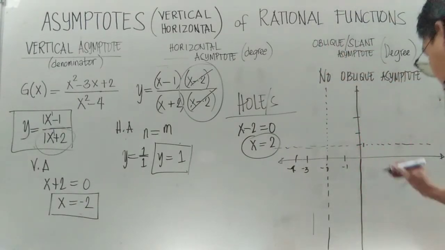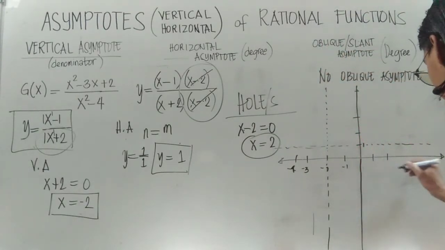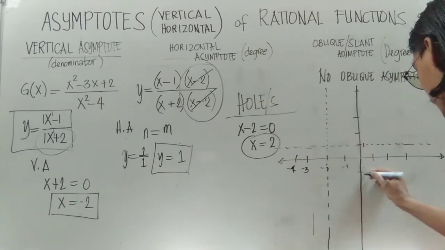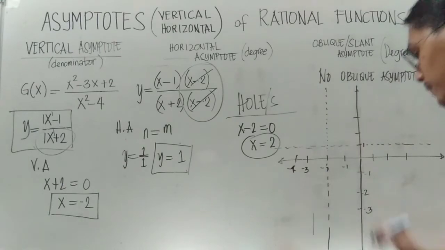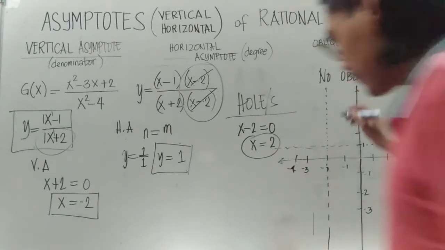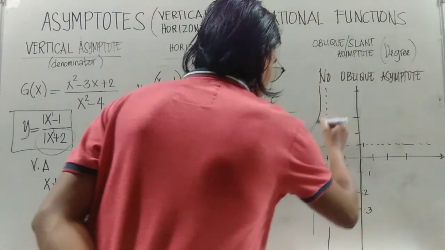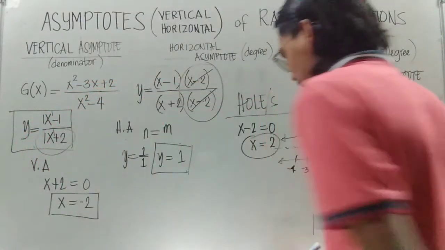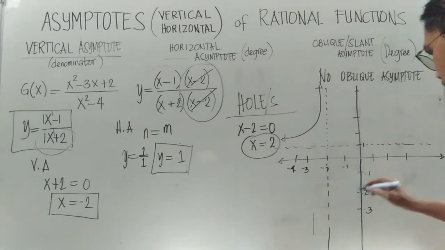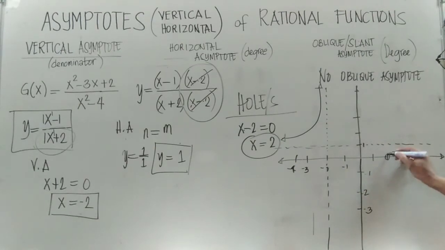Now let's proceed. 1, 2, 3. Negative 1, negative 2, and negative 3. So the graph will pass or look like this, and another is this one.